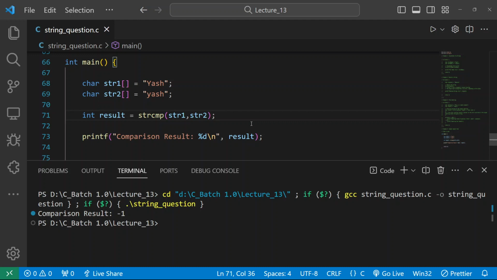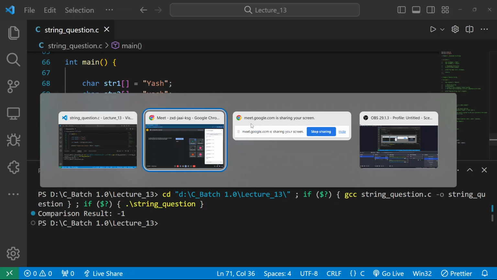I got a minus 1. Yesterday I explained this concept. Getting a minus 1 means what? Please go through your yesterday's lecture notes.